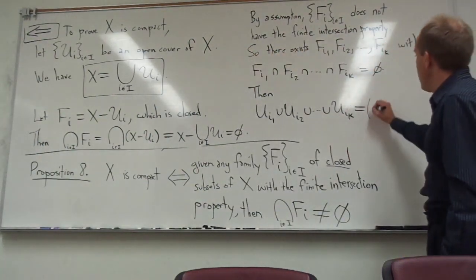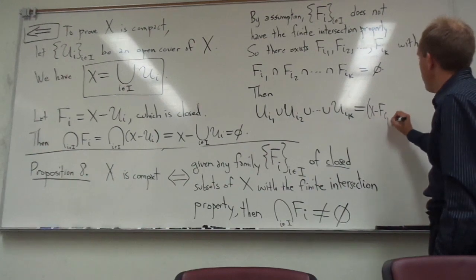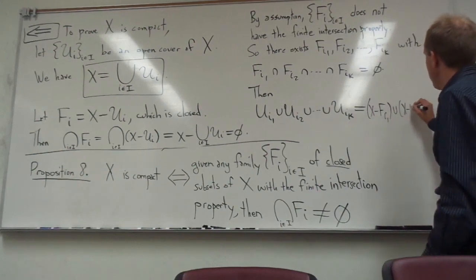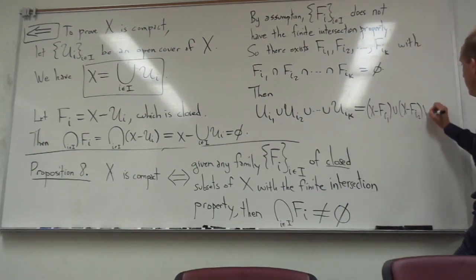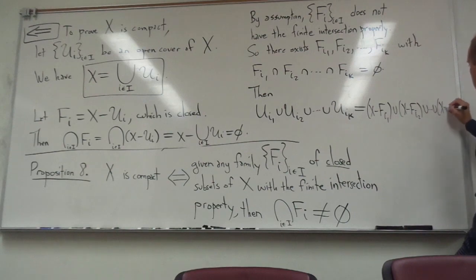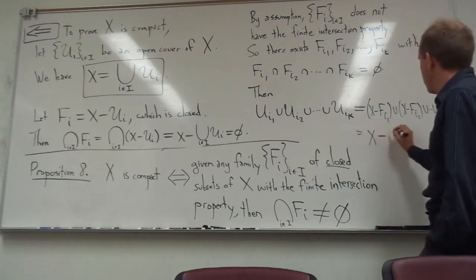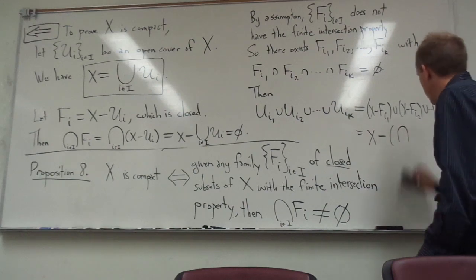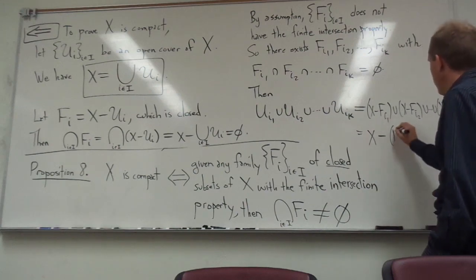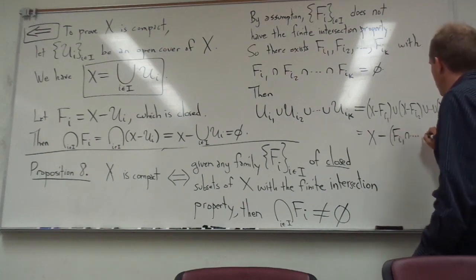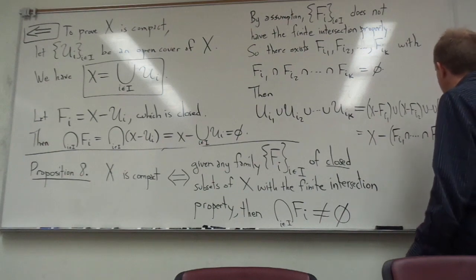So we just have X minus F sub i1 union X minus F sub i2 union, and so on. And that can be rewritten as X minus the intersection of F sub i1 all the way up to F sub ik.